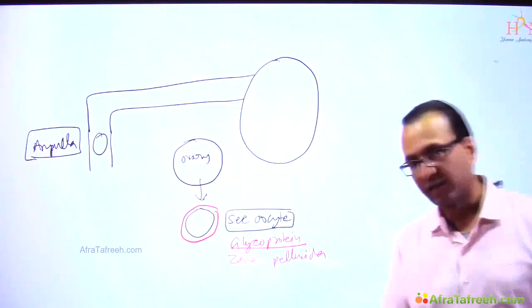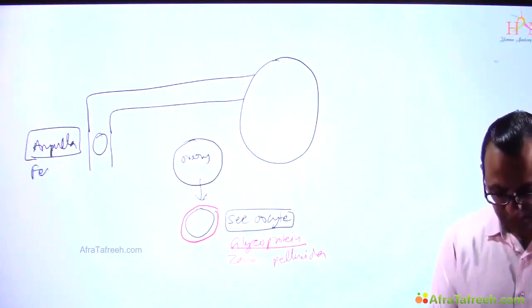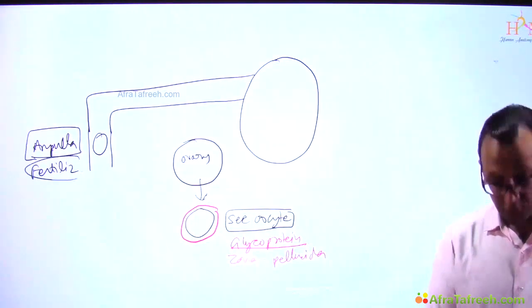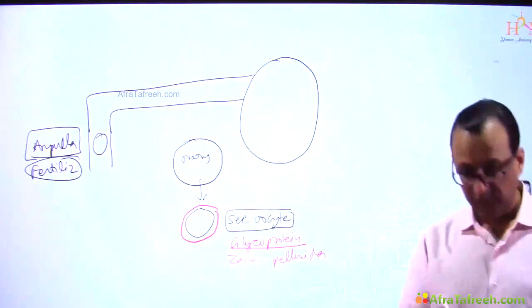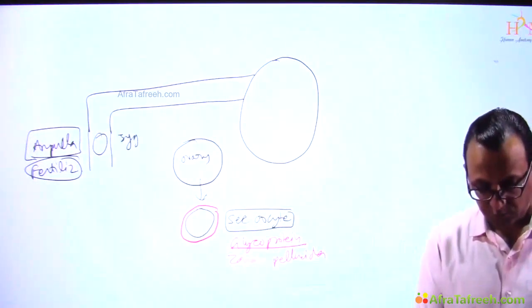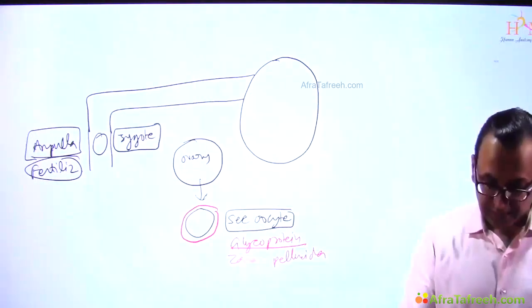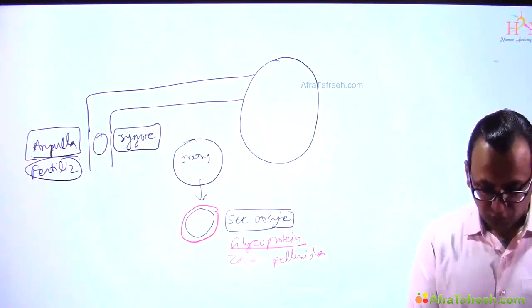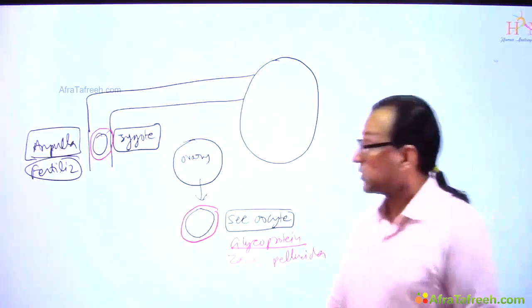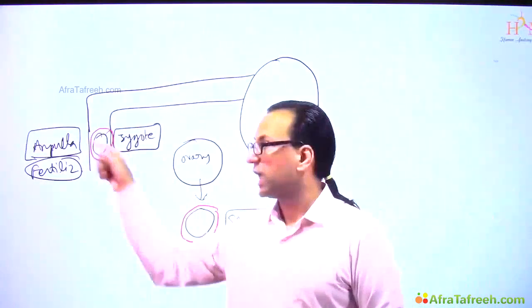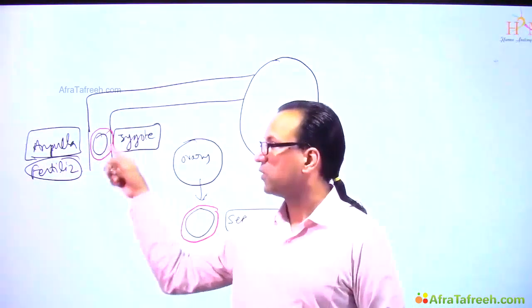That is where the fertilization is happening. You notice that this is the zygote seen after fertilization and is still covered by zona pellucida.